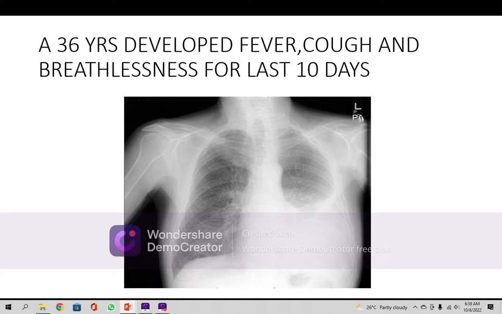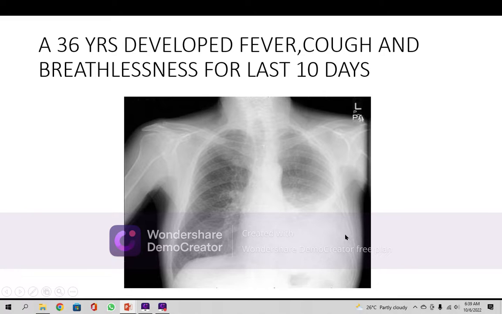Then we further investigate, and the best investigation you do is the diagnostic thoracentesis. You also calculate the serum albumin levels, and you can make your diagnosis, confirming whether it is exudate or transudate, although you know about it.